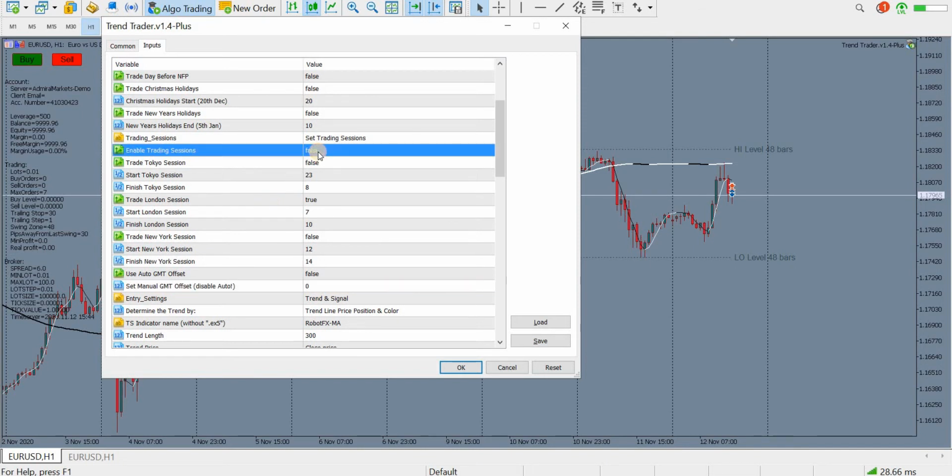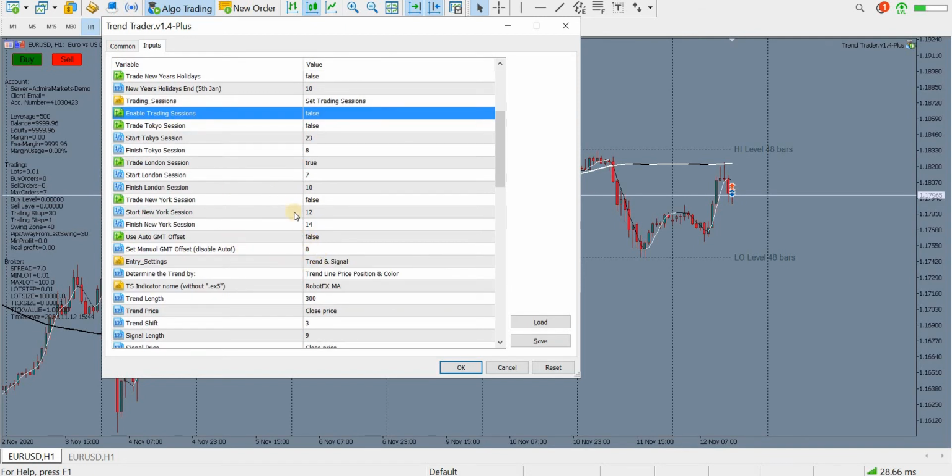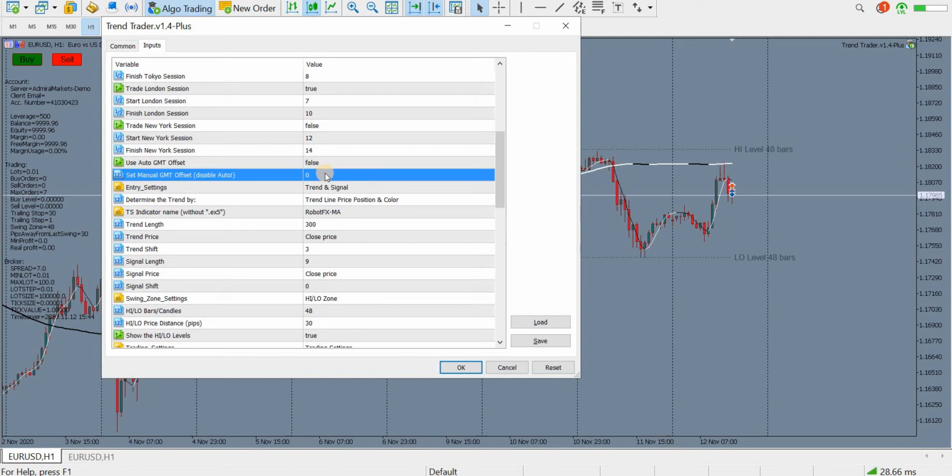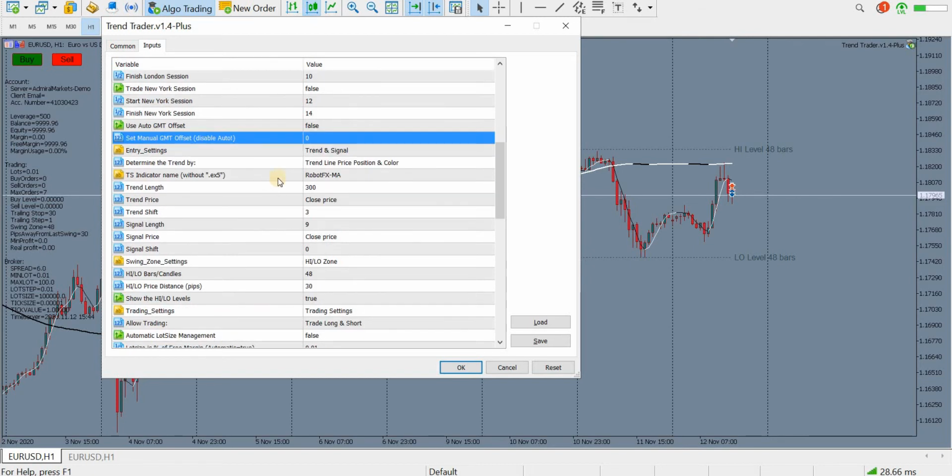I'm not using the trading sessions filter. I'm trading all sessions, so I don't care about this myself. You'll find the explanation about this on our website if you don't know how to set it. I mean, if you want to use the manual GMT. But again, you should probably use it only for the strategy tester, if you decide to use it.